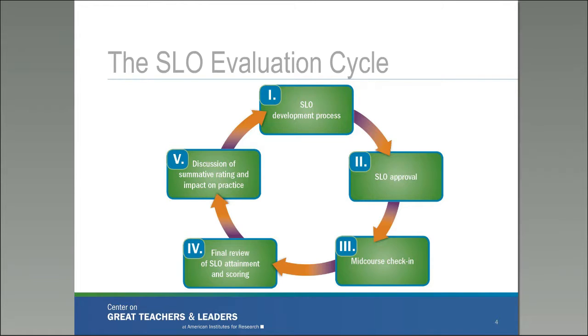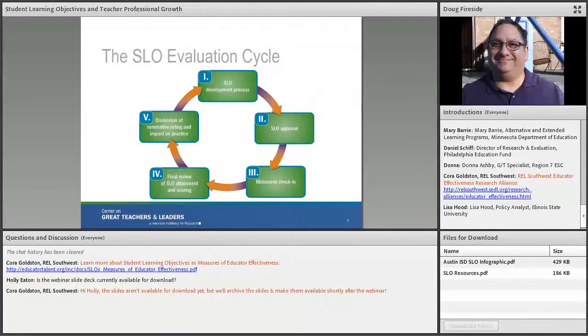And then they meet with their administrators to review those results. And in many places, that's where a final evaluation score is created. So this is sort of the overall cycle. Again, it really does vary state to state and district to district.